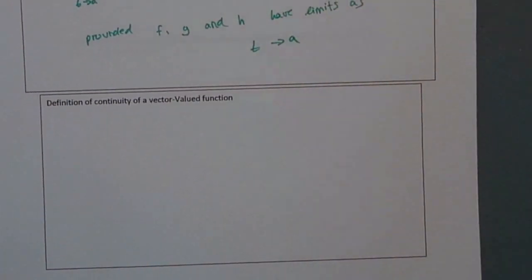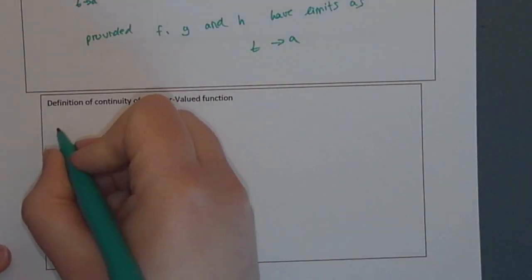Alright, next we have the definition of continuity for a vector valued function.